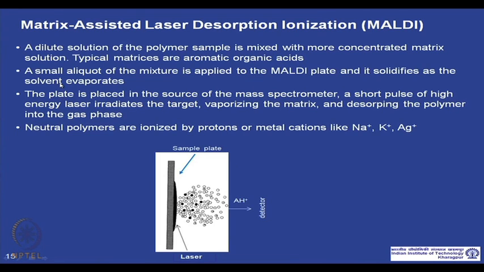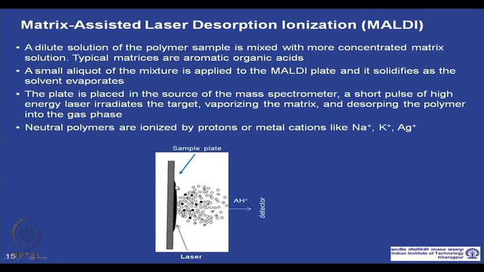So, the small aliquot is taken from the mixture and applied to the MALDI plate, and it solidifies as the solvent evaporates. The plate is placed in the source of the mass spectrometer. This is the sample plate, and this is your sample along with the matrix, and a short pulse of high energy laser irradiates the pellets, vaporizing the matrix.